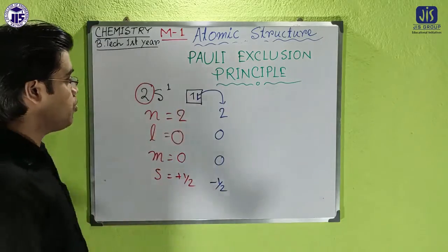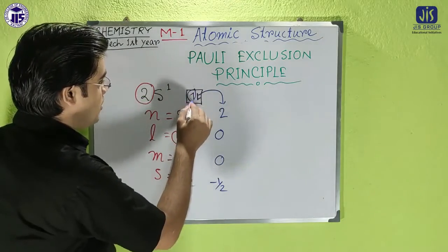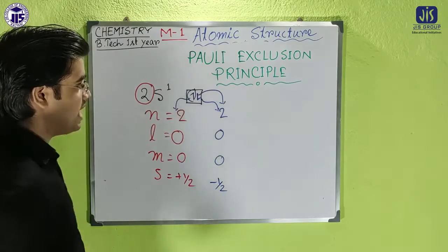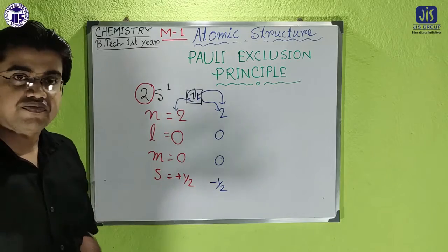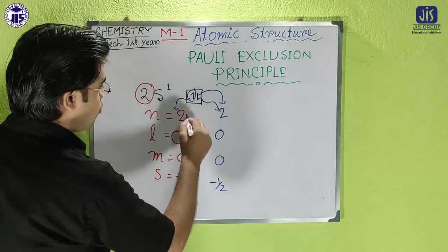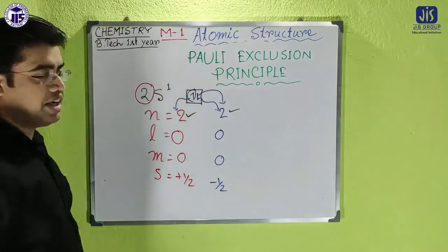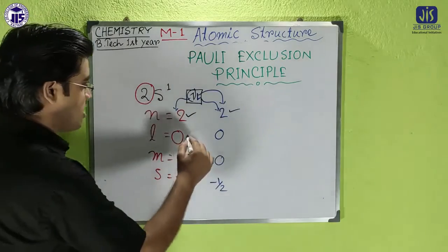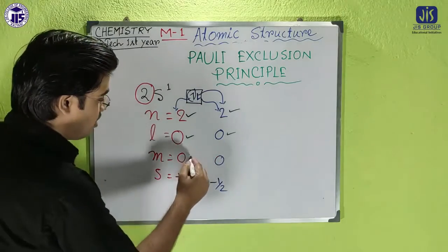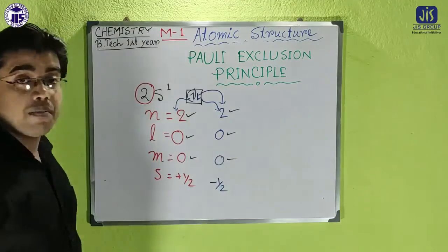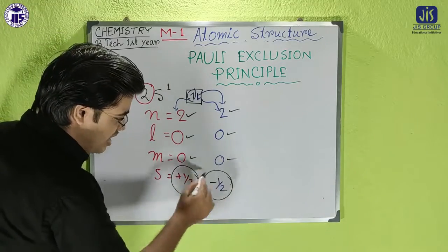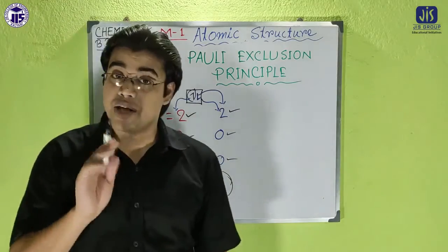That means for the first case, that is the first set of quantum numbers, and this is the second set. Now look here: principal quantum numbers are the same for both cases, azimuthal quantum numbers are also the same, and magnetic quantum number is also the same, but the spin quantum number values are not the same.